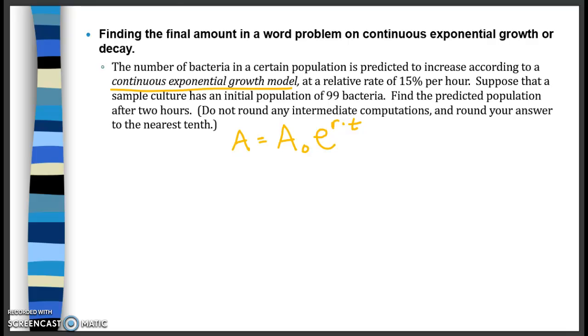We have a rate of 15% per hour. So R is positive because we're working with growth. So R is equal to 0.15.